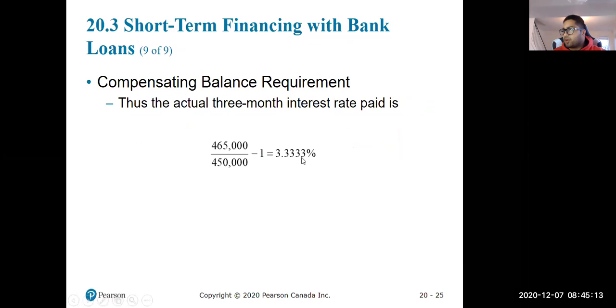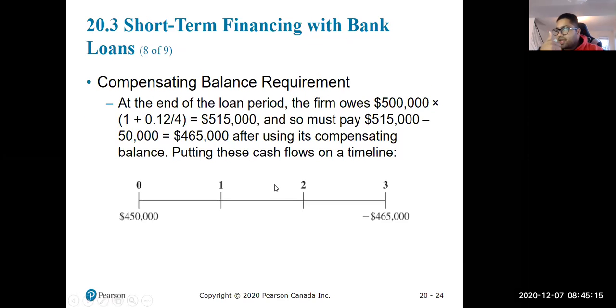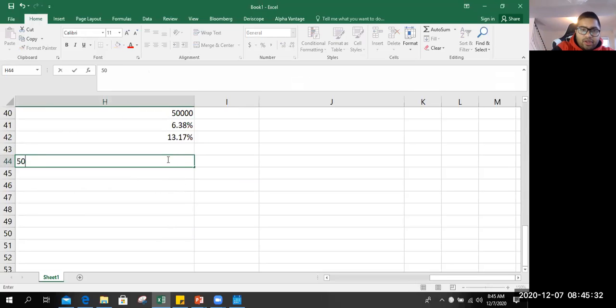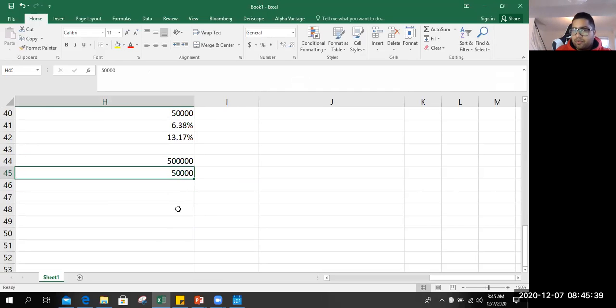So it is 3.3%. Sometimes they give you a fixed commitment amount, sometimes origination fees, sometimes a bank balance requirement. So how to do the bank balance requirement? You're borrowing 500,000, but $50,000 out of that, that is 10%, is to be kept with the bank.